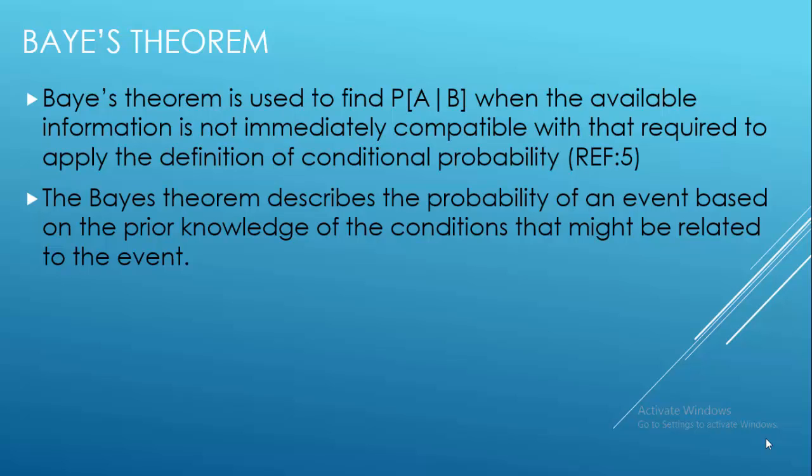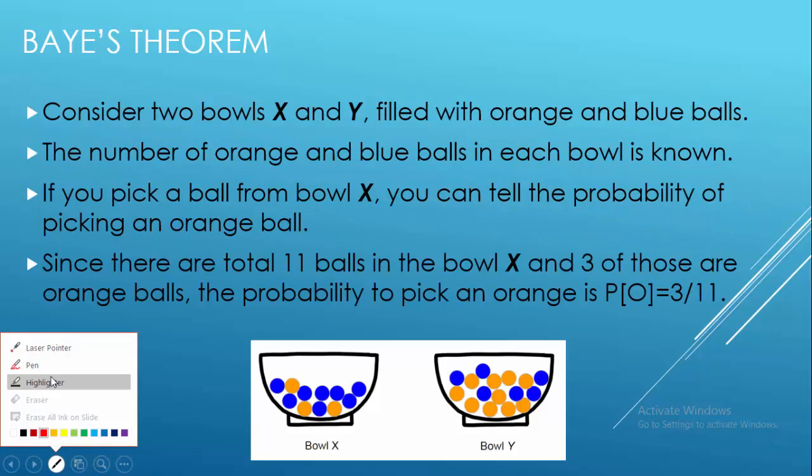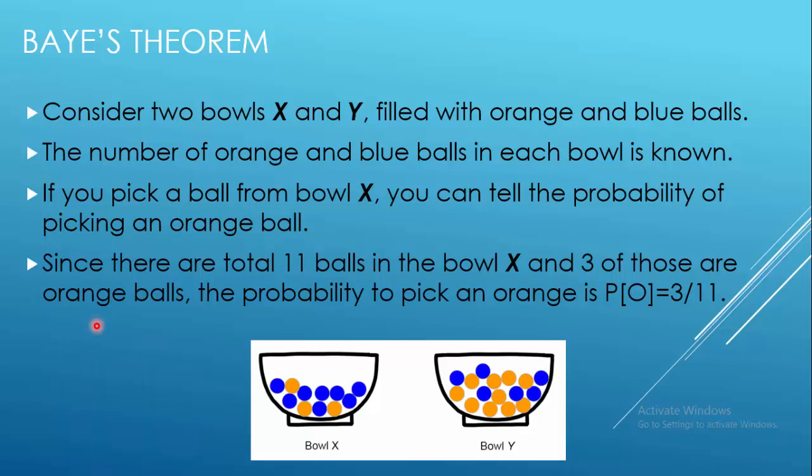The Bayes' theorem describes the probability of an event based on the prior knowledge of the conditions that might be related to the event. So let's look at an example. Consider two bowls X and Y filled with orange and blue balls.